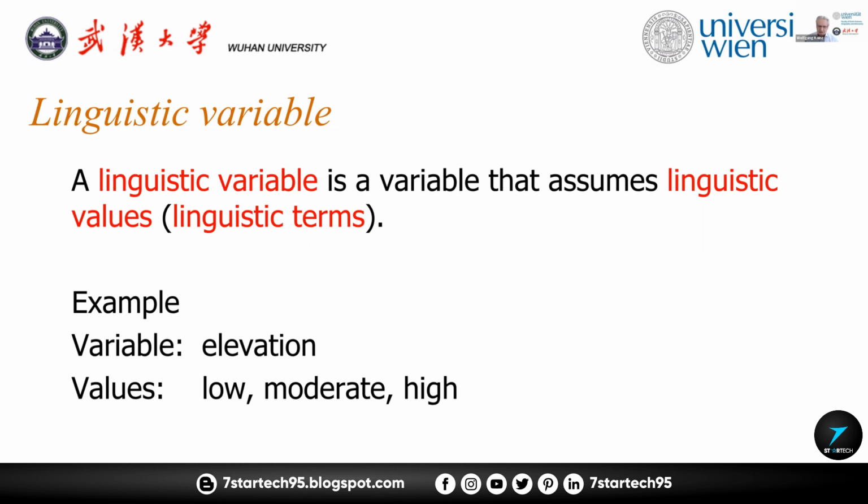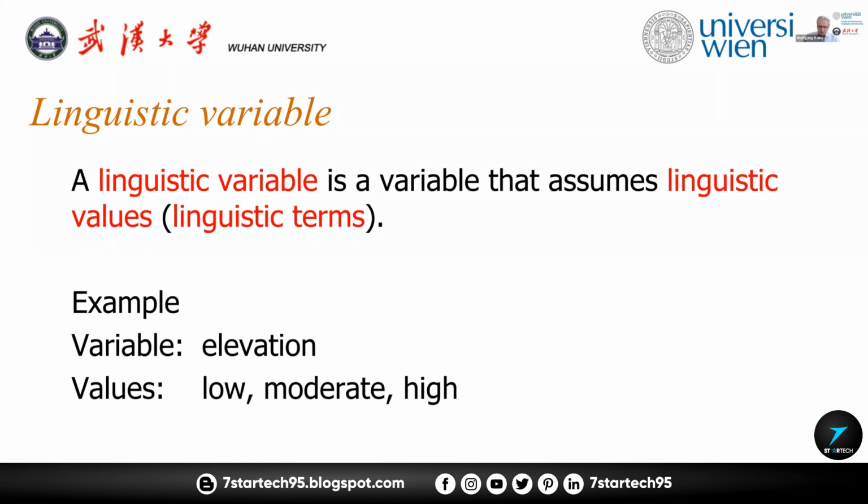What you already see here is whenever we have a variable and we have values, and we want to represent those values with fuzzy sets, for every value of the variable, we need a separate fuzzy set.